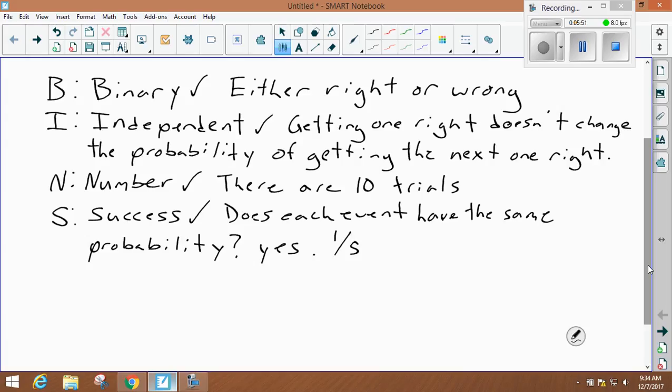Right, and it's true because each question being answered has a probability of 1/5 being correct, right? Fantastic. So now that we've checked our BINS, we can go ahead and do some calculations.